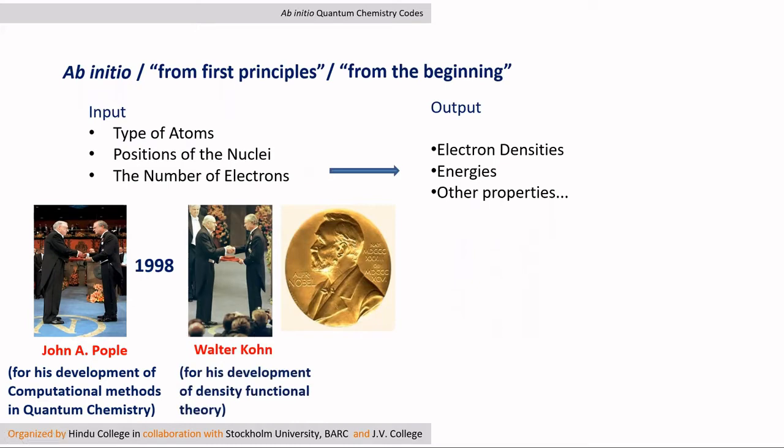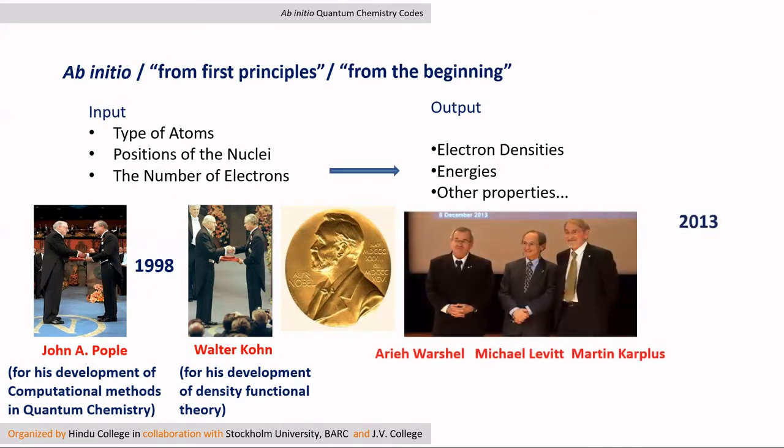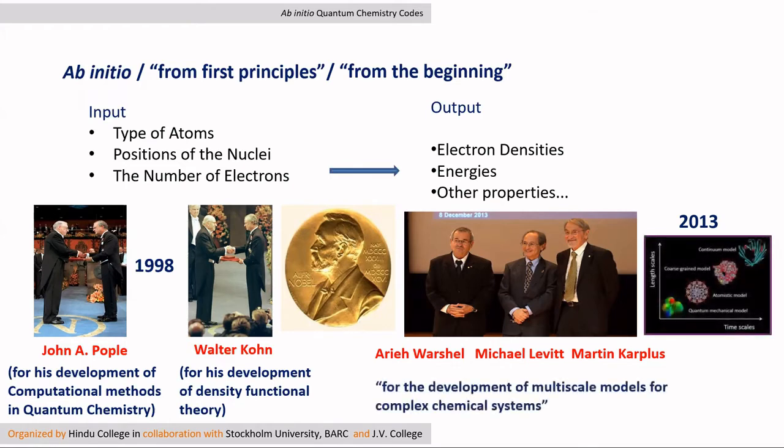With confidence, we can say that the demand for DFT calculations now supports a small army of computational chemists who collaborate with experimentalists to help them predict or understand laboratory results. And when clubbed with molecular mechanics, they can be used to study chemical processes in solution and in proteins. And very recently, the trio Warshel, Levitt, and Karplus received the Nobel Prize in Chemistry in 2013 for the development of multi-scale models for complex chemical systems.